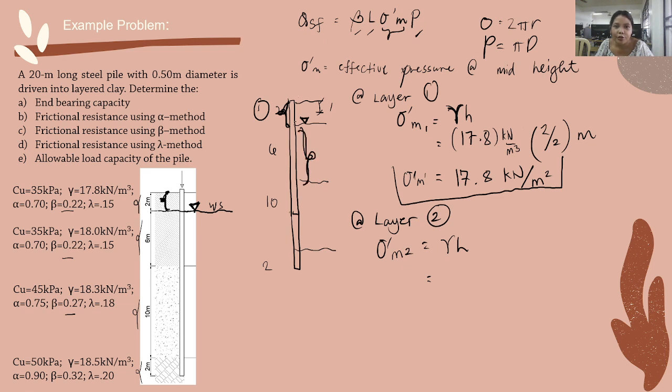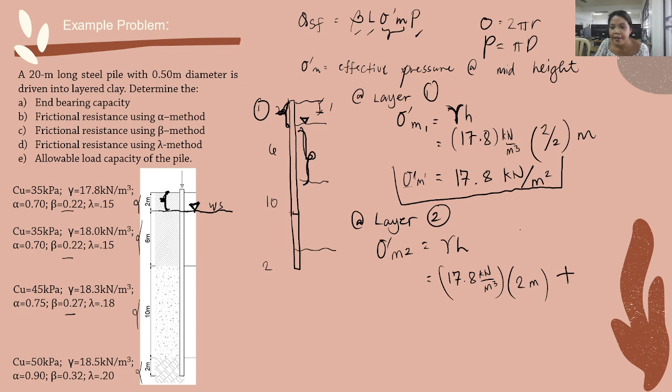So, ibig sabihin, automatically, this is a part of the equation. Okay, so 17.8 kilonewton per cubic meter multiplied by the total height of your first layer, 2 meters. Total na siya kasi nasa ilalim na tayo i-investigate. So, kasama na yan dyan. Yan.